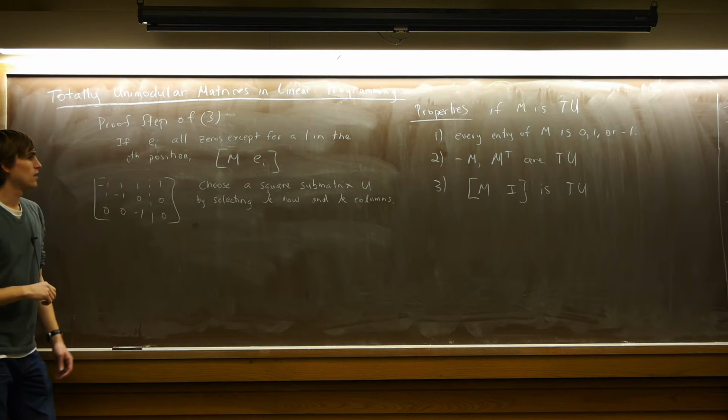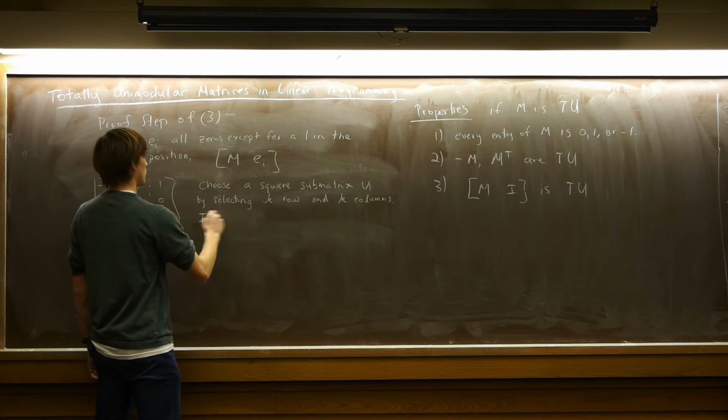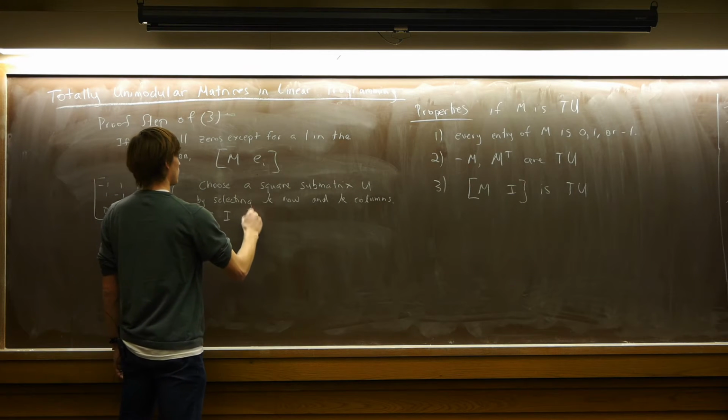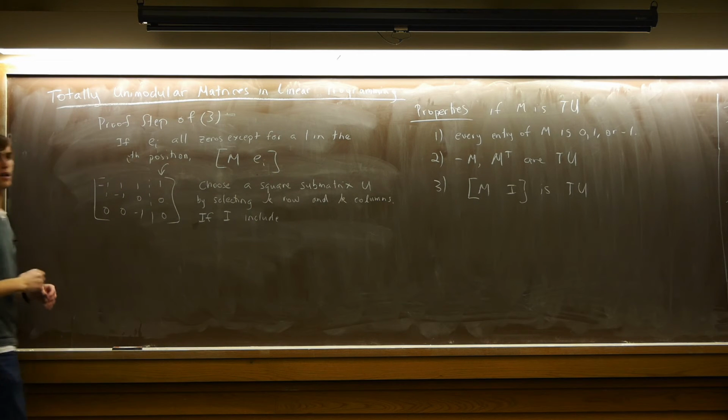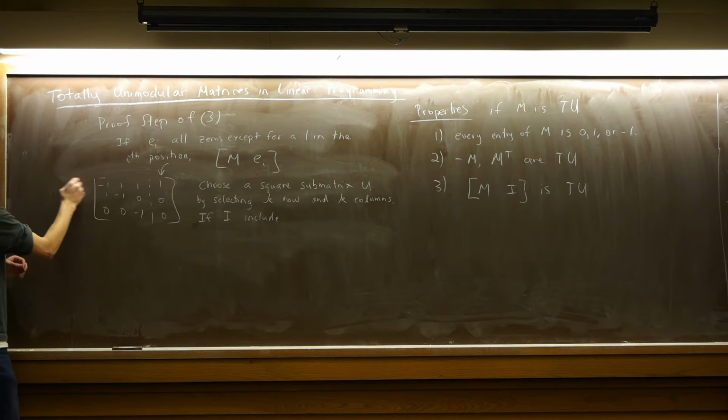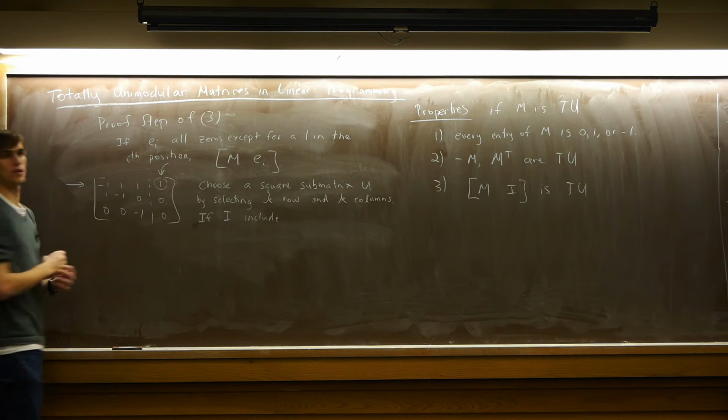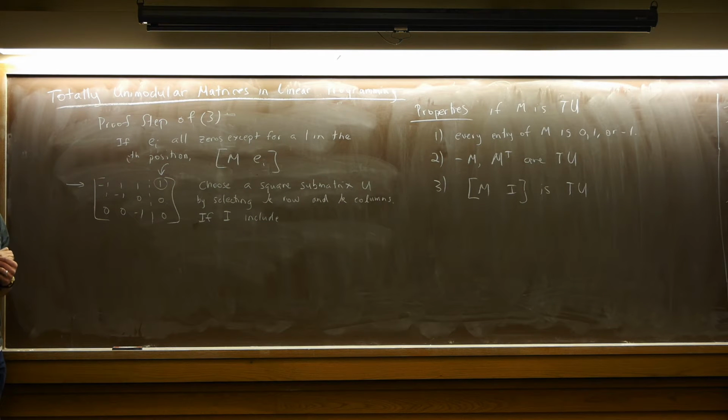Okay. And if I include the last column in the ith row. So what am I doing with including the last column in the ith row? Basically, I'm making sure that the submatrix has this 1 in there.